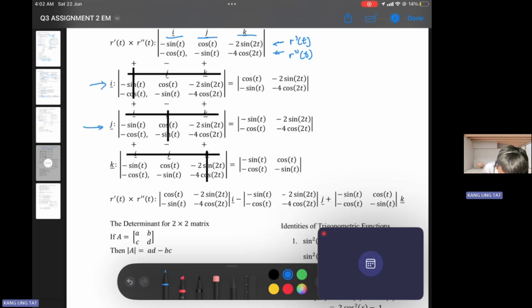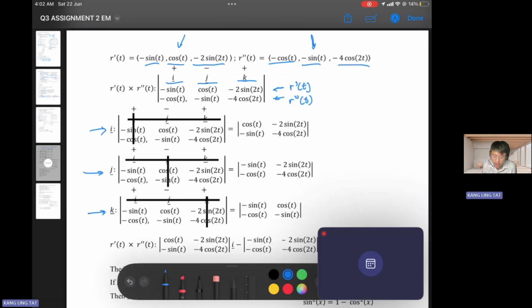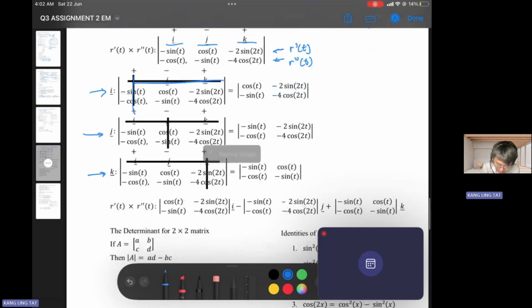j, and k. For example, at this term of i, we are going to be looking at those that are not in the row or column of i, and when it's j, we are not going to look inside the row and column of j, and the same goes for k also.